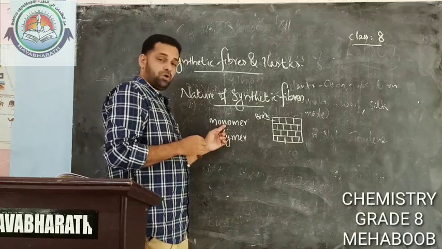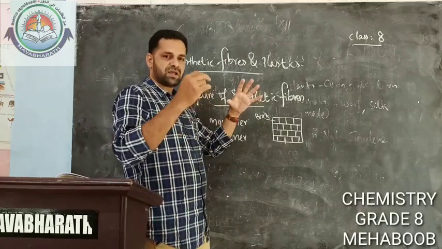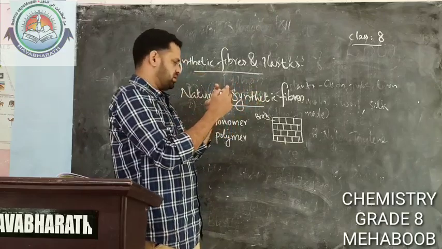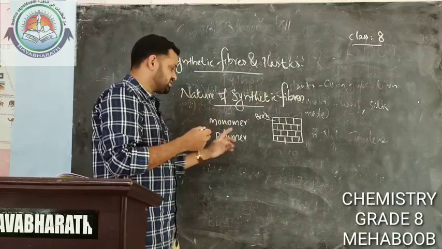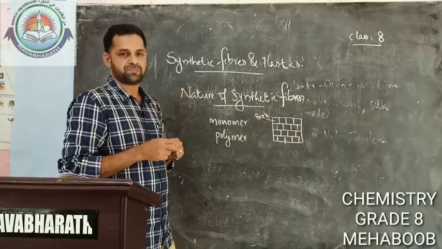A smaller unit is called a monomer, and when all the monomers are combined end to end through chemical bonds, that is called a polymer. So what is a monomer and what is a polymer?